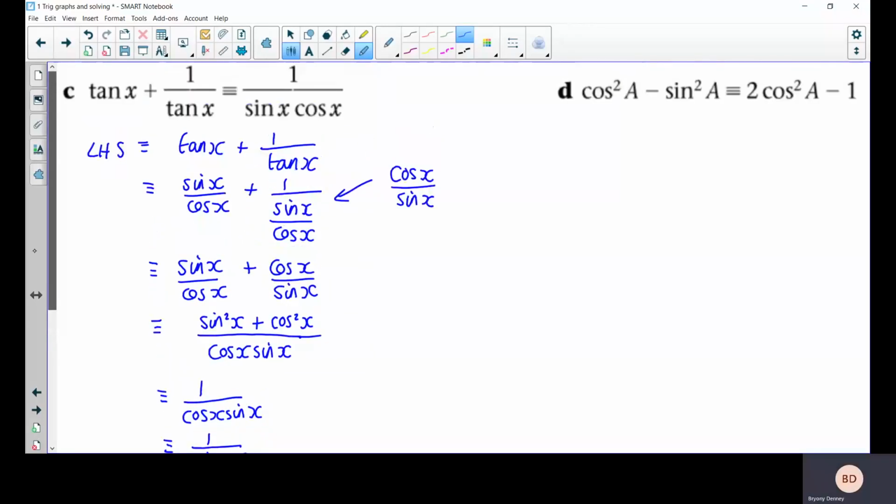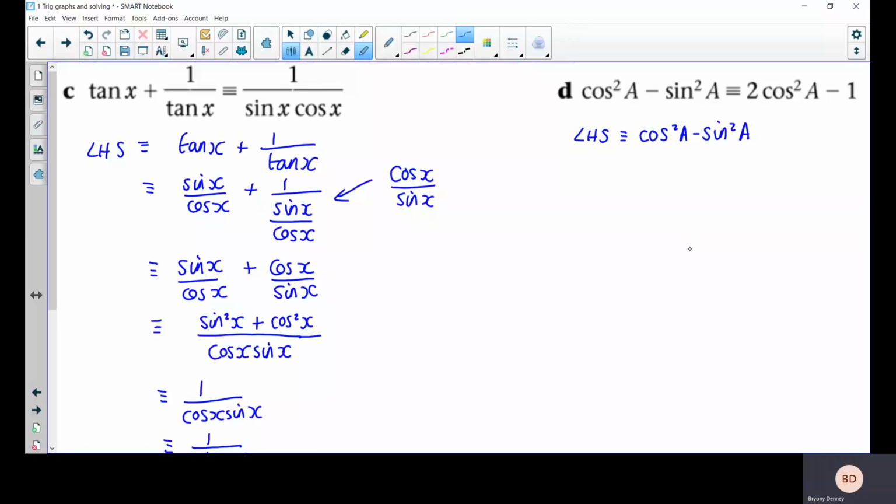Okay, I'm going to move on to the next one. We've got cos squared a minus sine squared a is equal to 2 cos squared a minus 1. Now I'm going to start with the left-hand side. I've just chosen to start with the left-hand side just because I think I can undo that and end up with the right-hand side, but this one is not really much in it between what you start with.